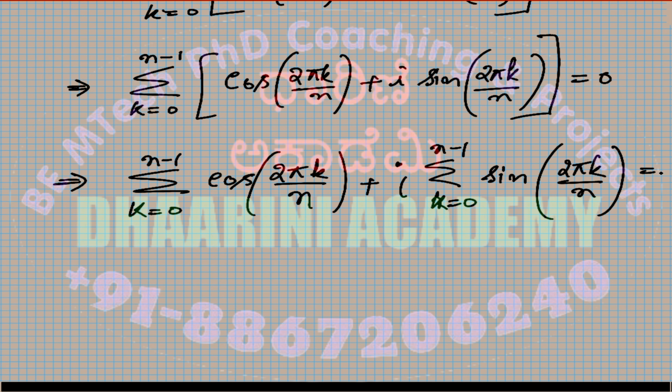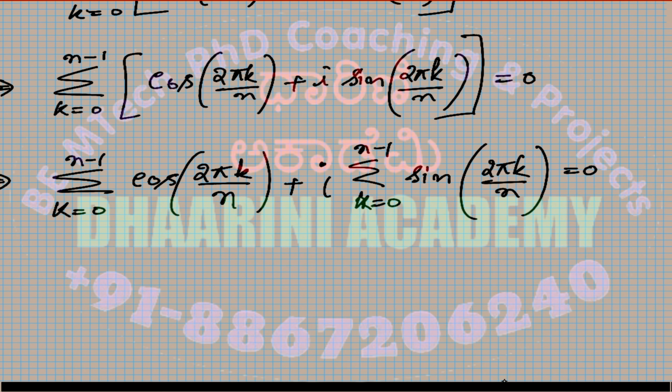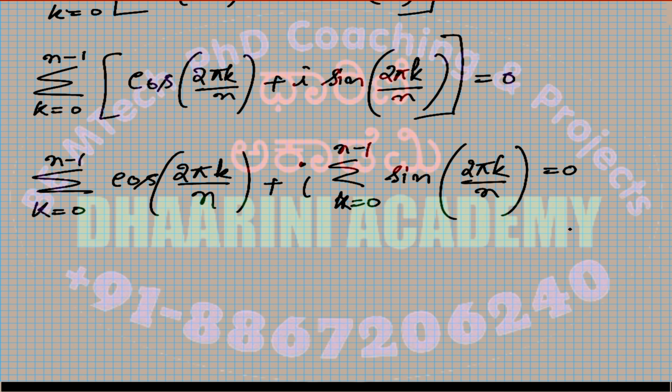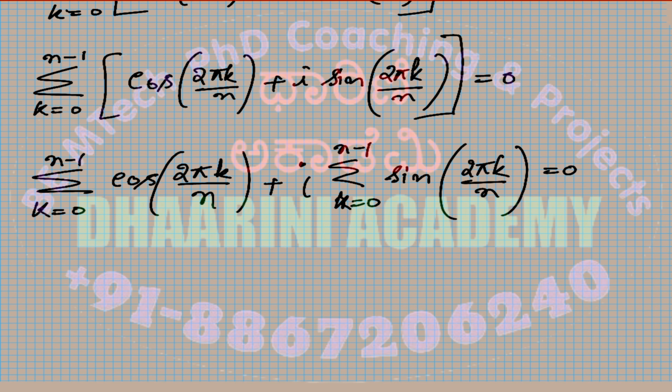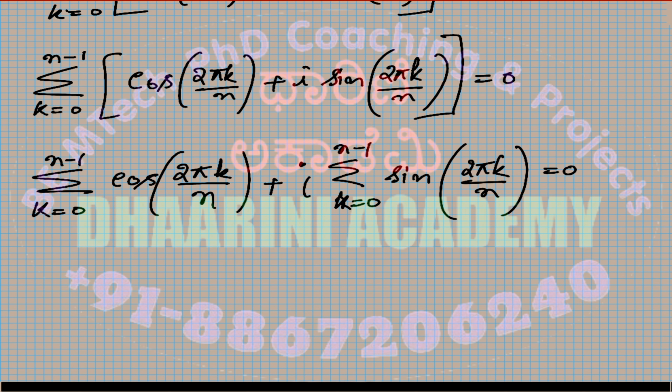And the right hand side is equal to 0, right? Since the right hand side has no term, the sum itself is generating this answer. So you can write it as 0 plus I into 0. So right hand side, whatever we have, we can write it as 0 plus 0I, correct? So which means I can compare the real and imaginary parts on both sides.